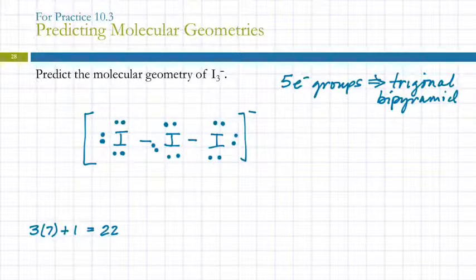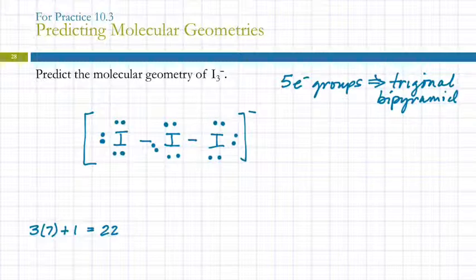In this trigonal bipyramid, where do the lone pairs go? They go around the equator because there's a little more space, right? Instead of 90-degree angles on everything, they have 120-degree angles and a 90-degree.